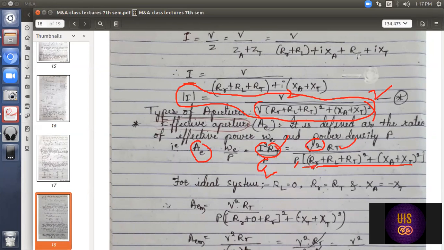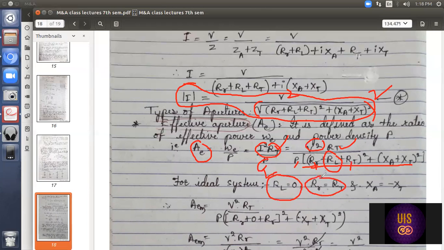What can be done? If you just think of any ideal system, hypothetical, losses are zero. So there will not be loss resistance, and the radiation resistance of an antenna and the load side resistance RT, the antenna side and the load side, both are equal.